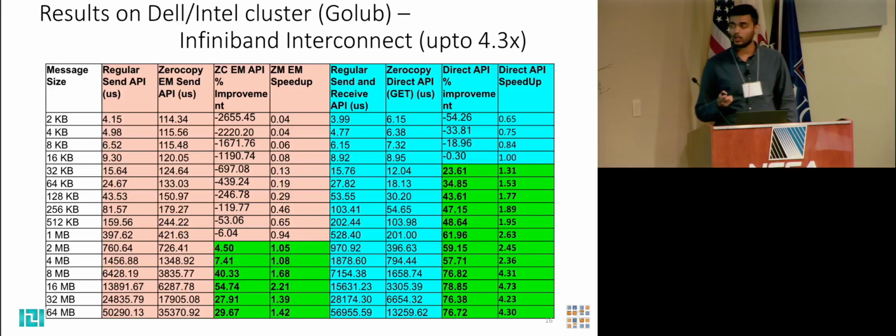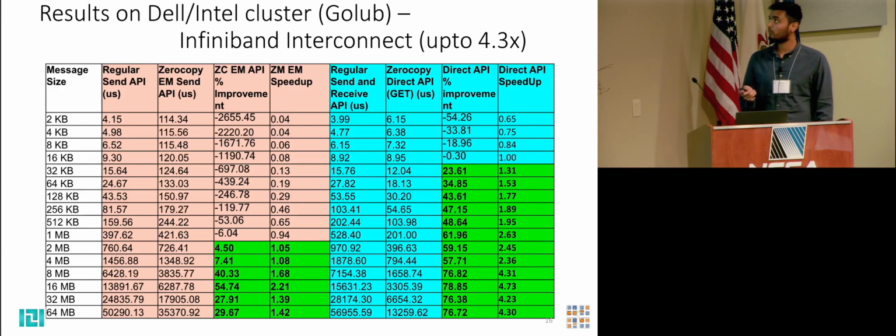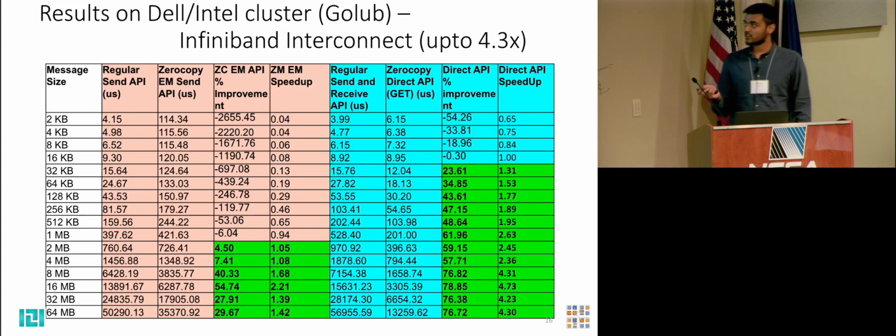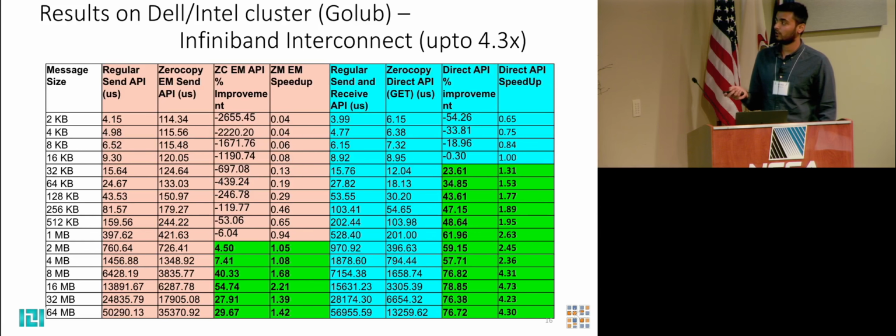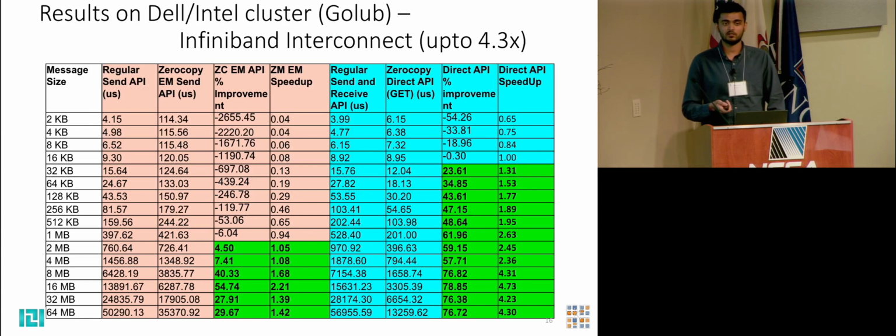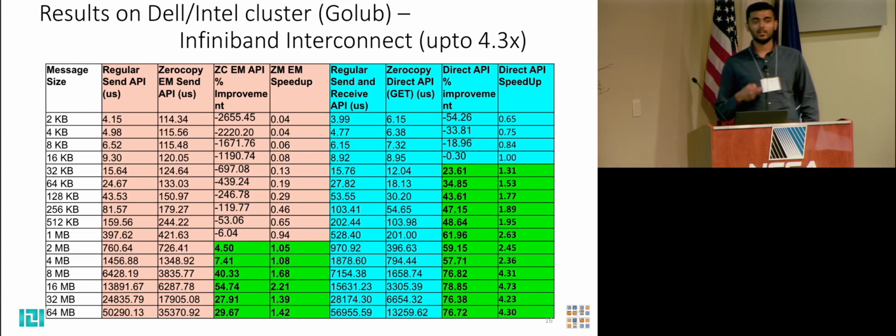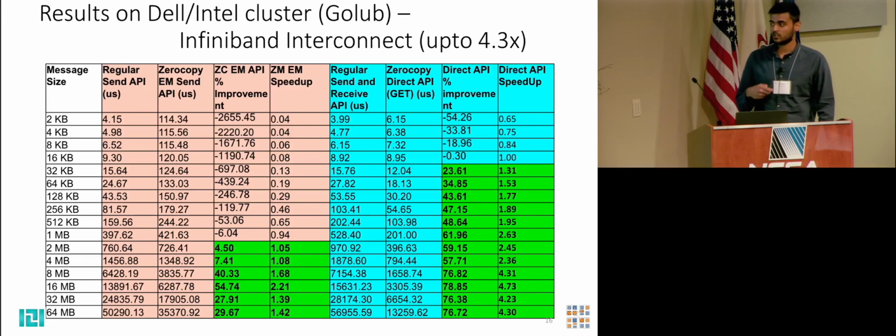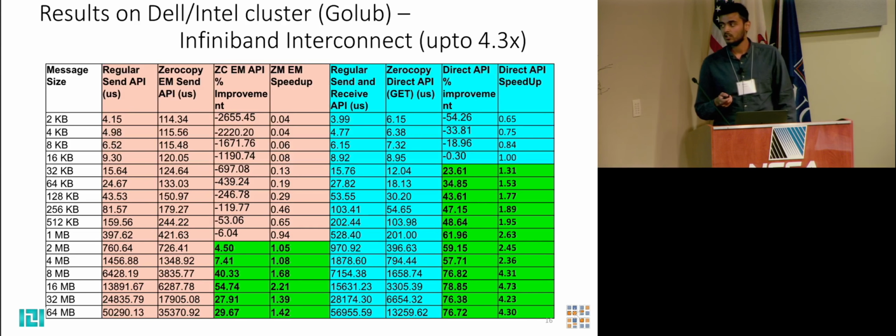And on the InfiniBand interconnect, on this machine called Golub, I got performance up to 4.3x with the direct API, and about 2.2x with the entry method API. The reason the direct API is much better in this particular case, and this is all with the pre-reg mode, is that since InfiniBand requires explicit registration, every time you make an entry method call, the system is naively trying to register even if it is previously registered.